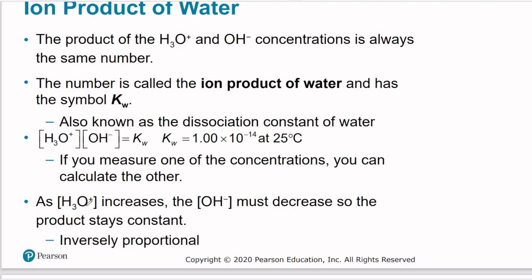So as the hydronium ion concentration increases, the hydroxide ion concentration must decrease so that this product stays constant. They are actually inversely proportional. So if we know one of them, we can calculate the other. So if we actually have an acid or a base in solution and we can calculate one of them, that will allow us to calculate the other of them if we need to do that.